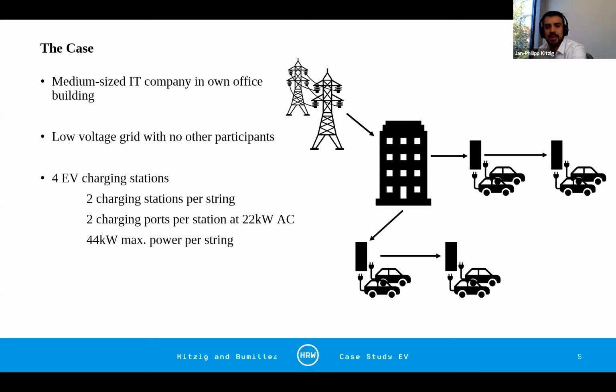The maximum power that can be drawn per string is 44 kilowatts. So if you have 4 electric vehicles connected to those 2 charging stations in one string, you can actually charge only at 11 kilowatts per charging port, so per car. Additionally, this building has 15 kilowatts peak of installed photovoltaic generation on its roof.